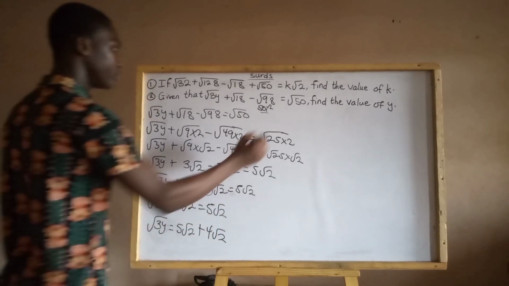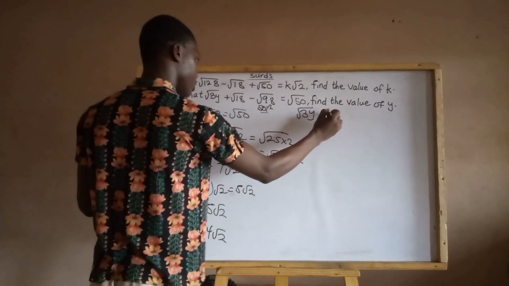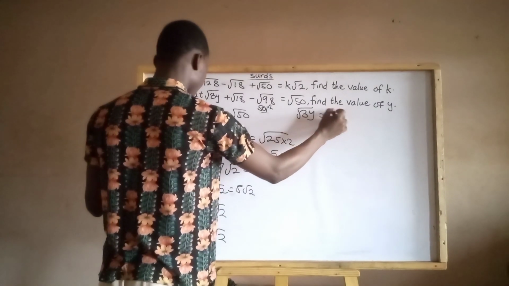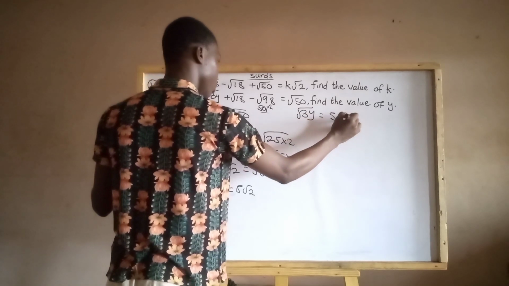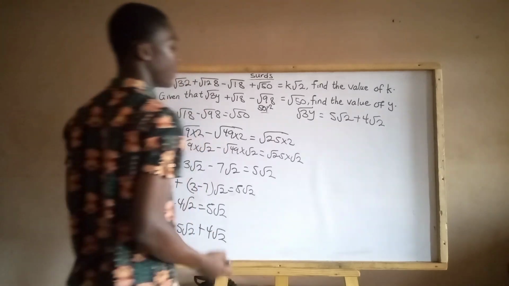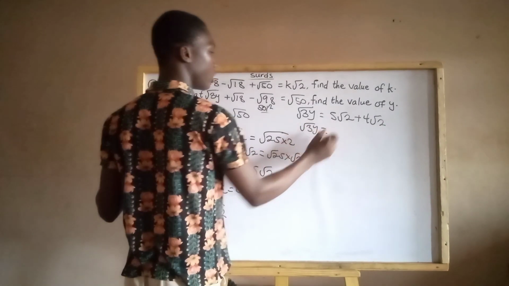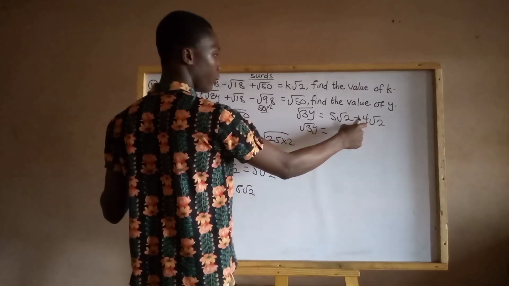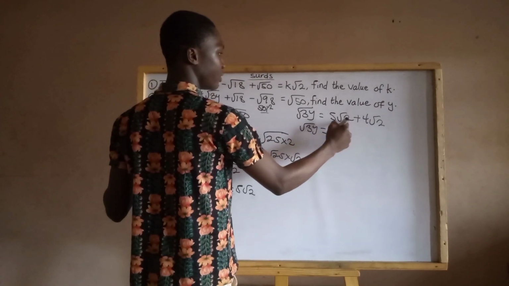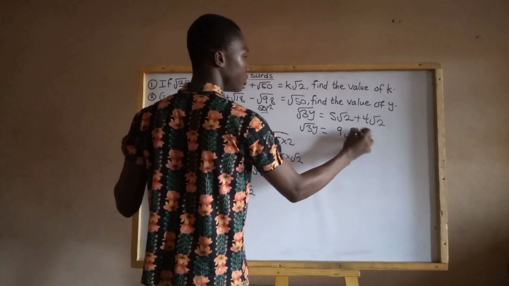So now root of 3y is equal to 5 root 2 plus 4 root 2. And now root of 3y is equal to 5 plus 4 giving us 9, then root 2.